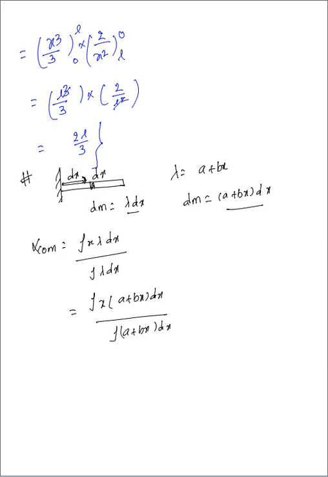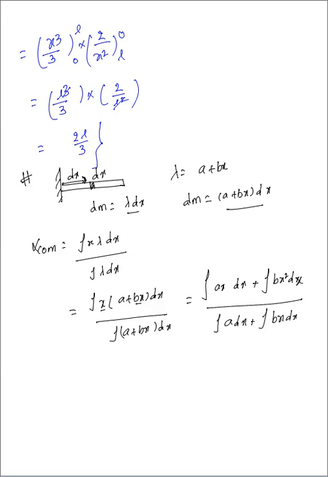This can be written by opening the bracket: integral ax dx plus integral bx square dx, because x into x is x square, divided by integral a dx plus integral bx dx.